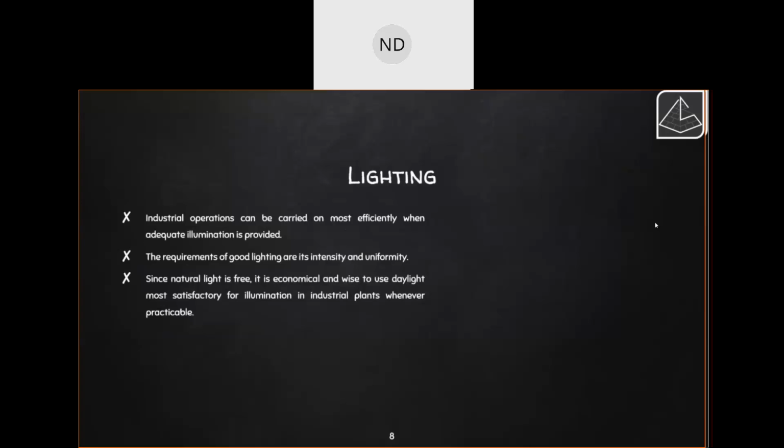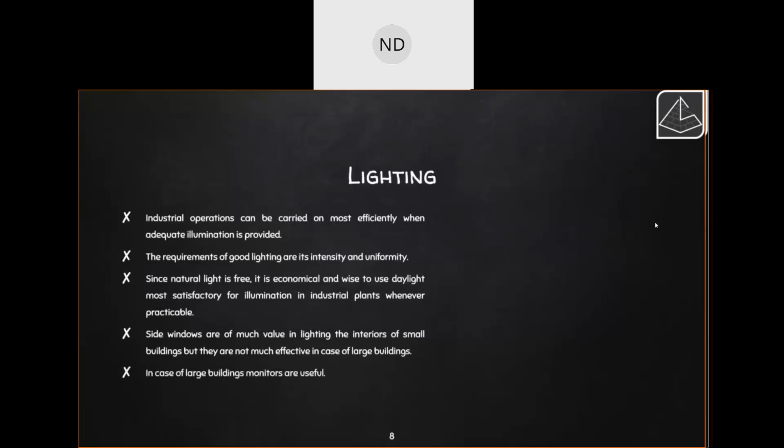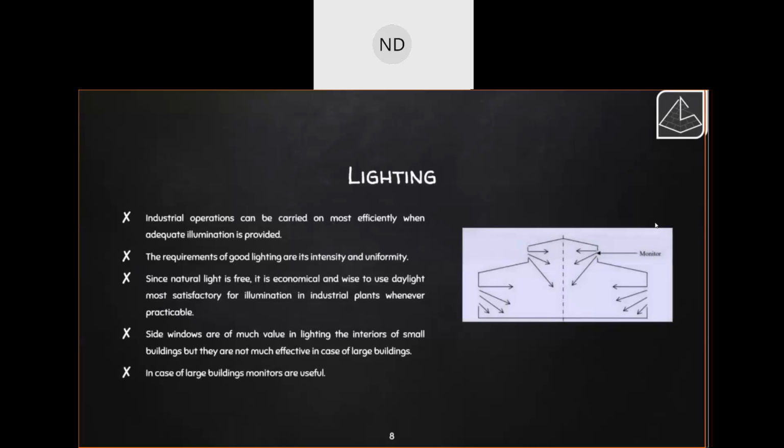To avoid that, it is best to design the structure in such a way that maximum use of the natural light is made. Side windows are of much value in lighting the interiors of small buildings. But when you talk about larger structures, larger spans, these side windows will not be able to penetrate enough to the middle of the building, where we provide monitors.